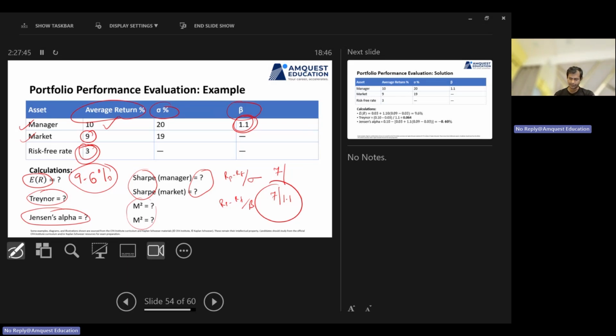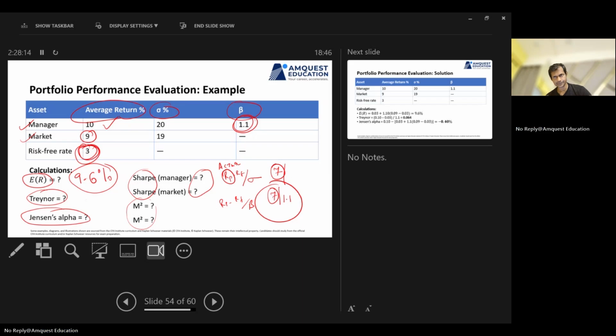What's the formula? RP. RP means actual. You cannot take 9.6. You have to take 10%, because Treynor computes the average return earned minus the RF rate. Got it? So in both formulas, Treynor and Sharpe, I will use 10 and I'll minus 3 and I'll divide it by standard deviation or beta, whichever the ratio is demanding.